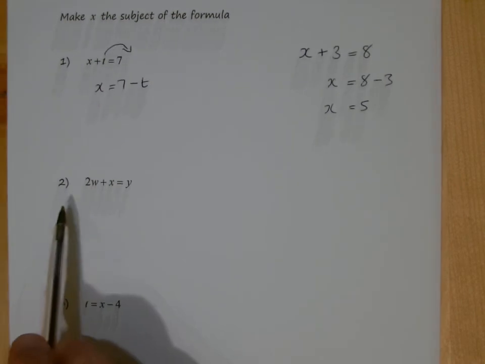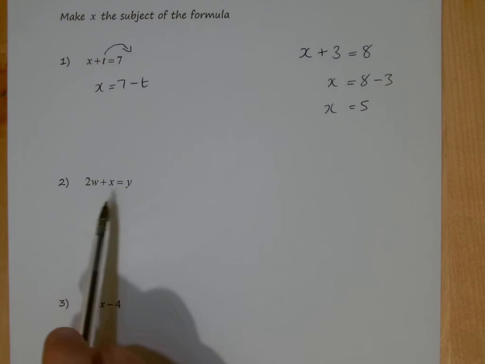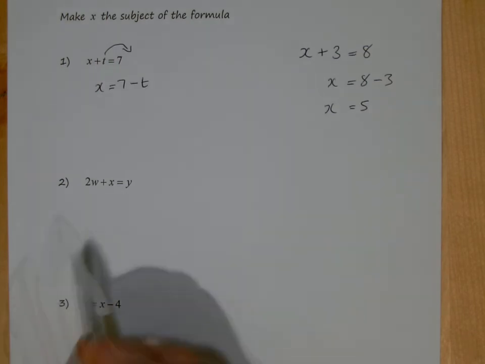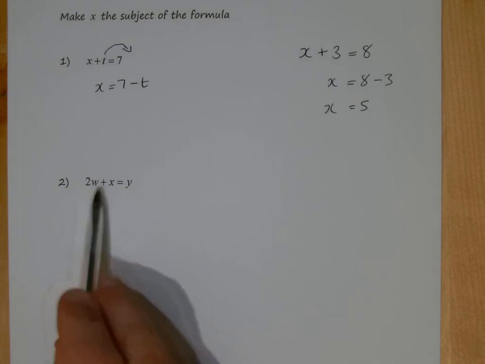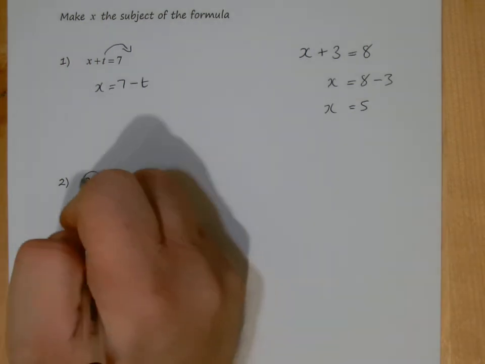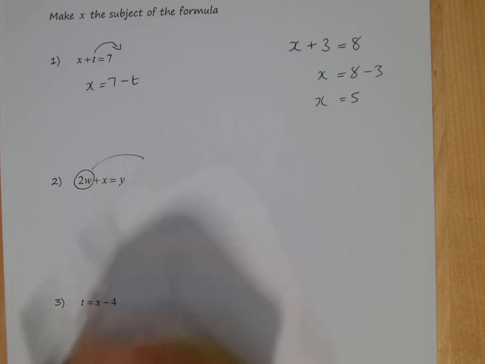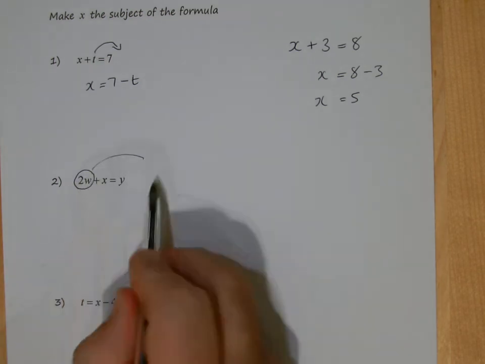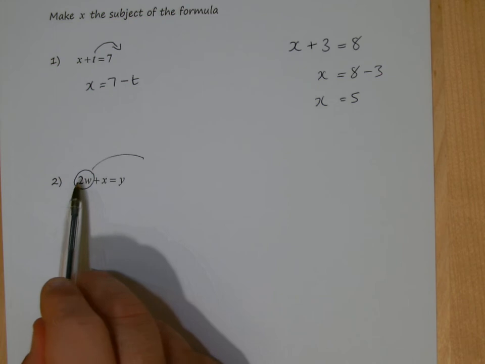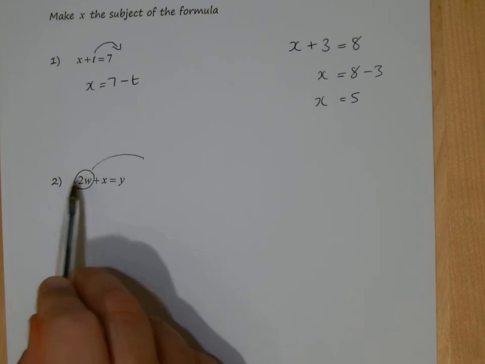Let's look at number 2. In this case, make x the subject again, so you want to get x equals, that's the idea. The key is this 2w. Let's see if we can take that over to the other side. Of course, when you take it over, you do the opposite. It's positive 2w here, because there's no negative in front.